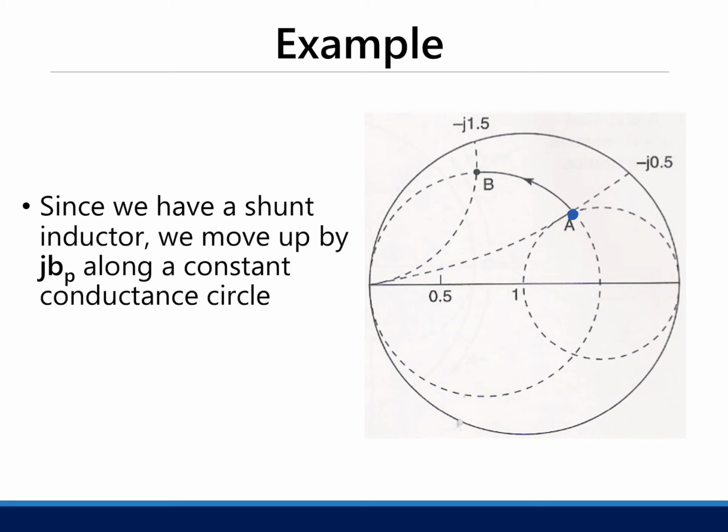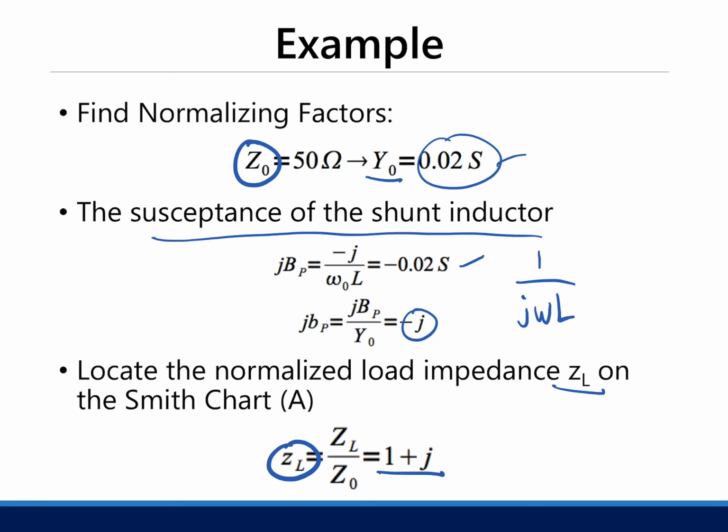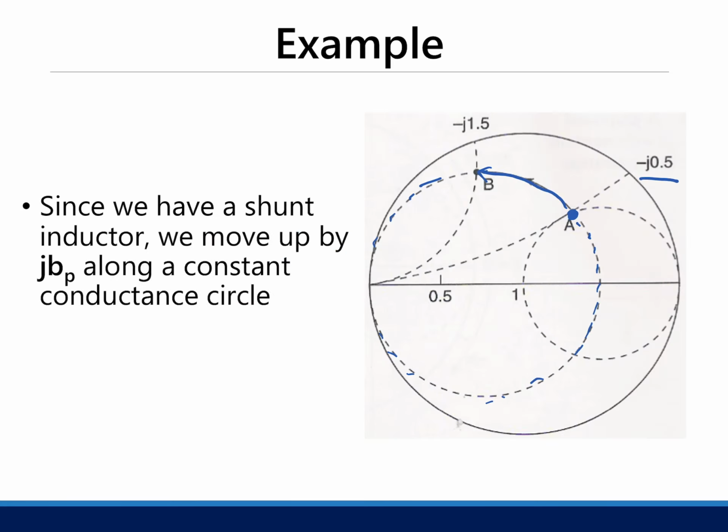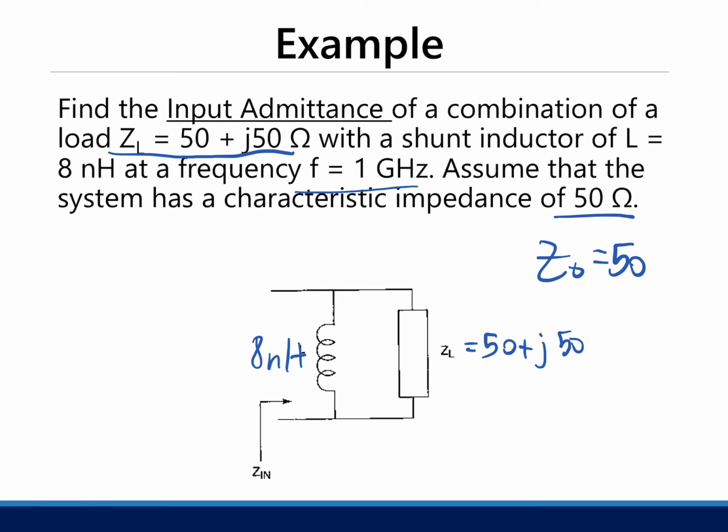Then since it's shunted, you're going to move in a constant conductance circle right here. And the movement is upwards because it's an inductance. So you move from negative j0.5 to negative j1.5. You end up in this point right here. So this is the final point, which corresponds to the total admittance of this circuit.